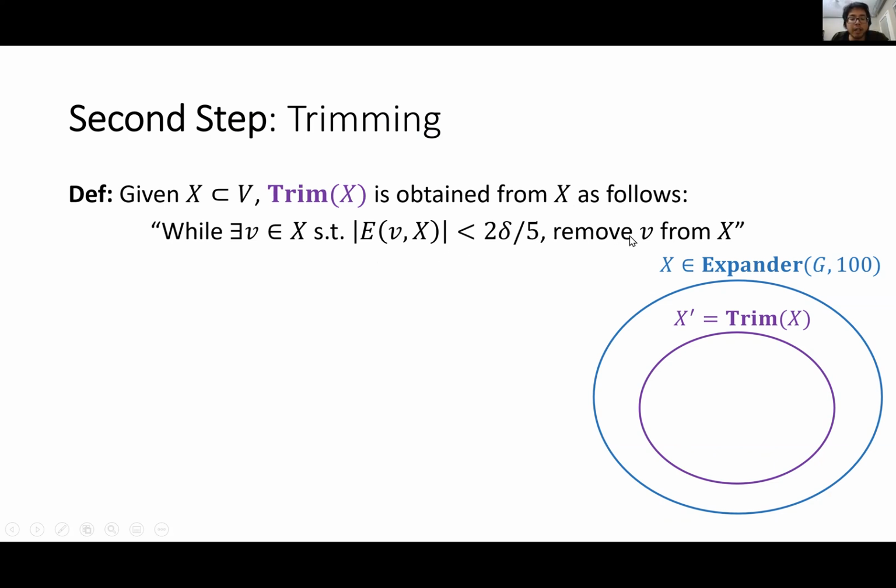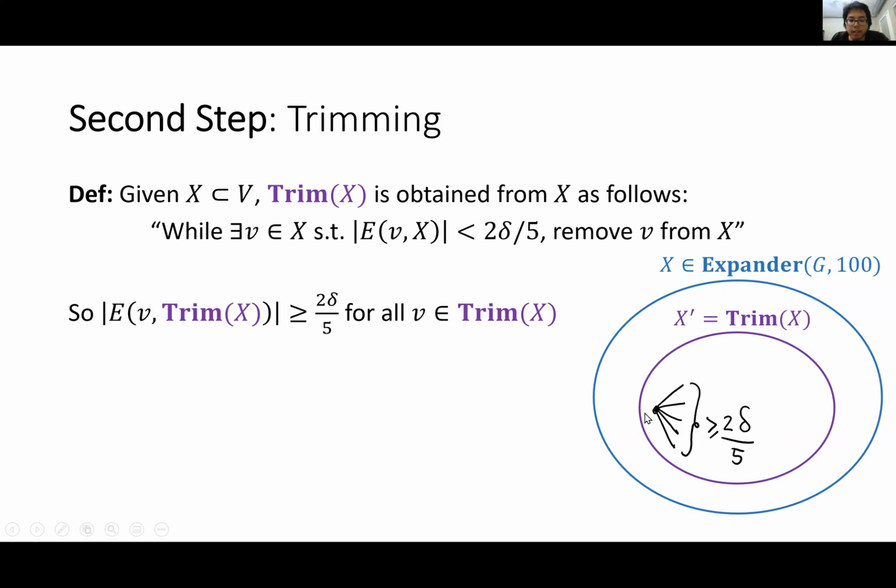The remaining part, you call it trim of X. That is, if you look at the remaining part, the inside degree here must be at least 2 delta over 5. It's just by definition of how we construct it. Okay.